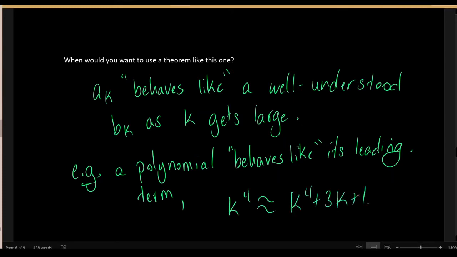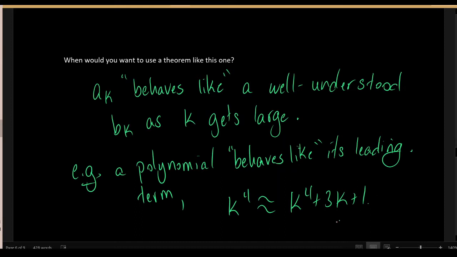When k starts to get really, really large, the impact of 3k and the impact of 1 is not very significant compared to the impact of a gargantuan term like k to the 4th power. K to the 4th power, the leading term, is going to be growing so much faster than any of the other terms that that leader is going to eventually dominate the behavior of the entire polynomial.